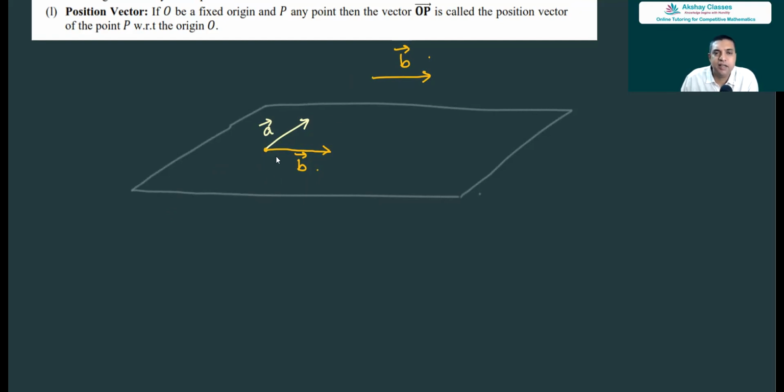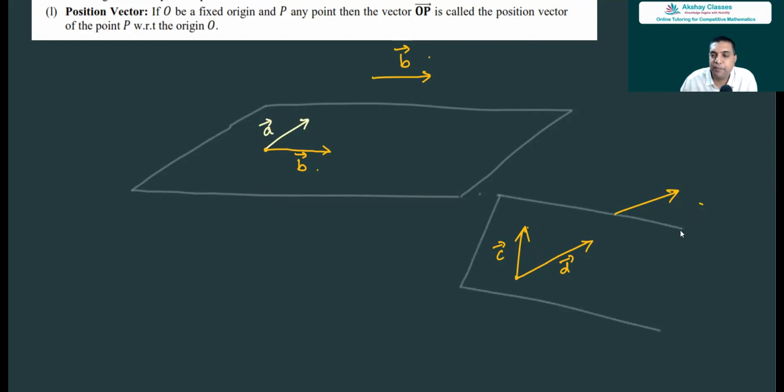That is the idea. And for any two vectors, no matter what the direction is, we can put them at the same initial point, and we can pass a plane which contains both of them. So any two vectors are always coplanar.